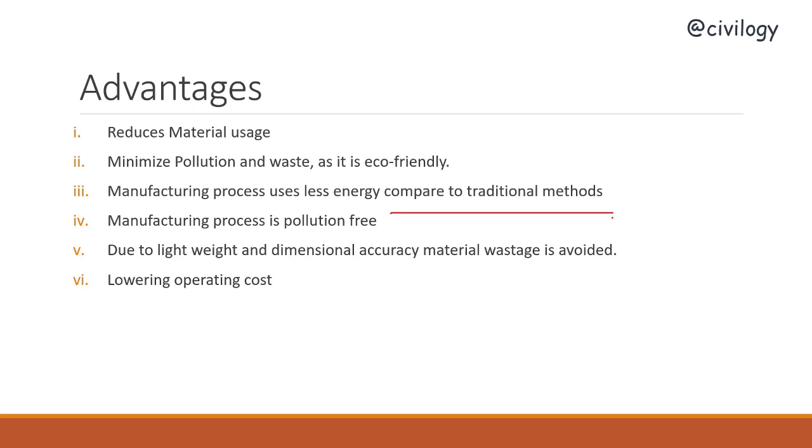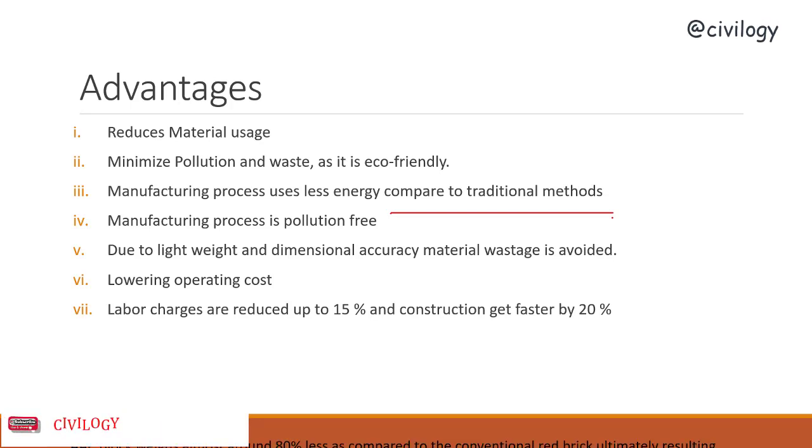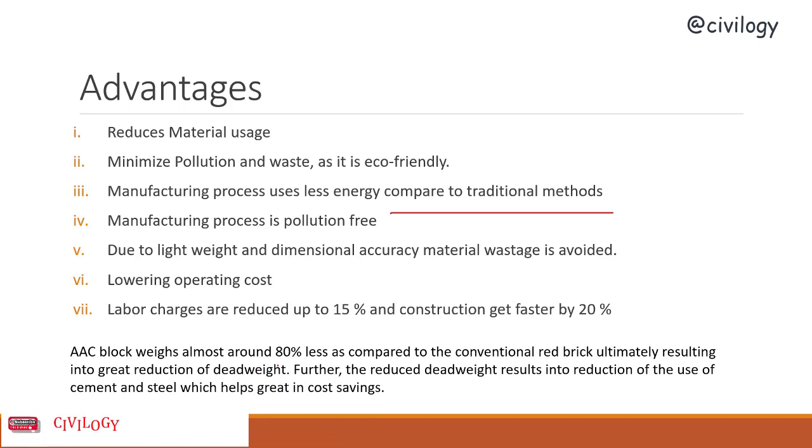Lowering operational cost, labor charges are reduced up to 15%, and construction gets faster by 20%. AAC blocks weigh almost 80% less as compared to red brick. So ultimately dead load will be reduced, and if the dead load is reduced, then cement and steel use is reduced, which helps in great cost saving.